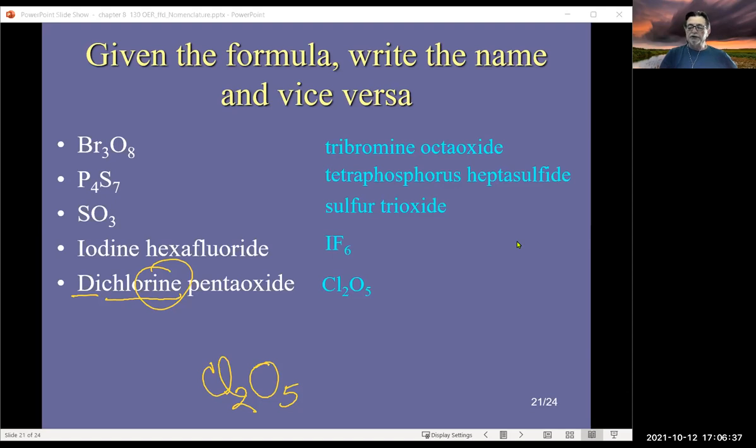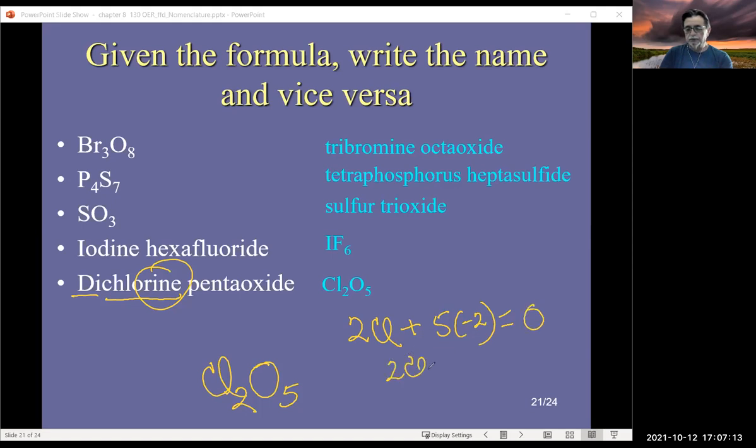Which is kind of interesting here. Let's think about it. Normally we've been talking about chloride, right? And we know the ion by itself has a -1 charge. But in this case, it's not. It can be positive. So if we look at how to calculate the oxidation number of chlorine, we can do 2 chlorines plus the oxygens, there's 5 of them, and each one is always -2, and that equals 0.